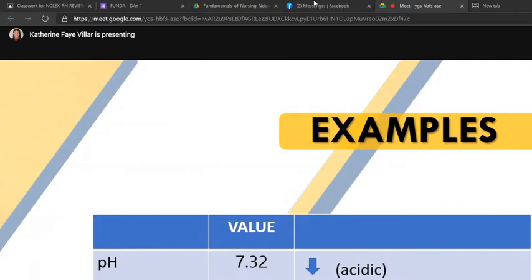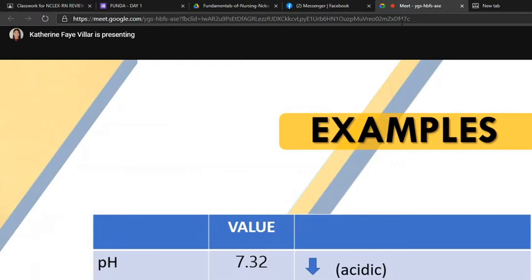PCO2 of 42. Arrow down, arrow up. Normal. 35 to 45. Normal. Okay. HCO3 of 19. 19, the normal is 22 to 26.